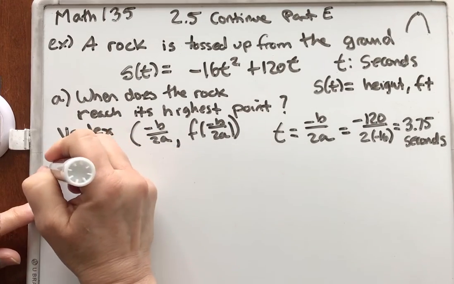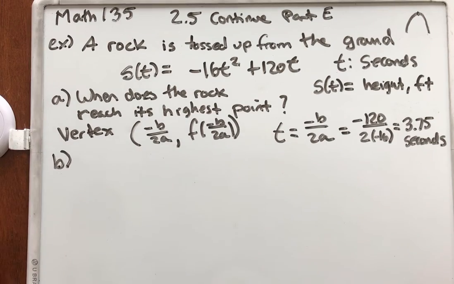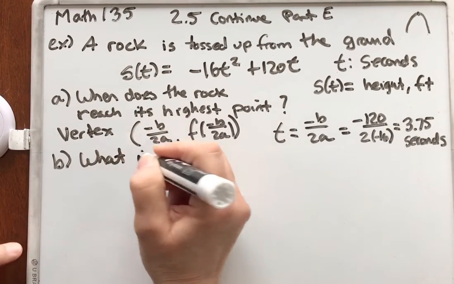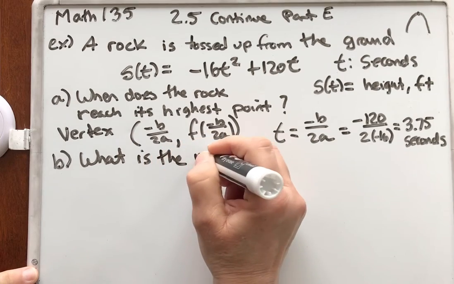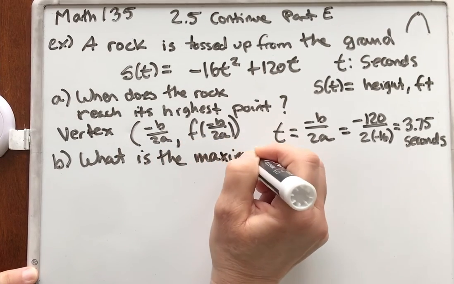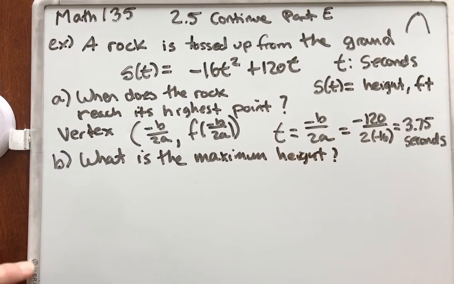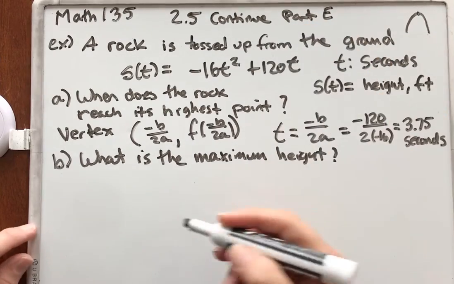Next question, letter B. What is the maximum height? Okay, to find the maximum height, we're going to take 3.75 and put it into our equation.